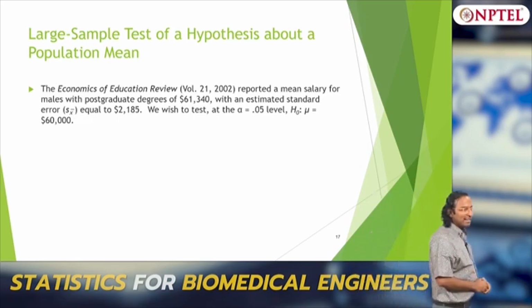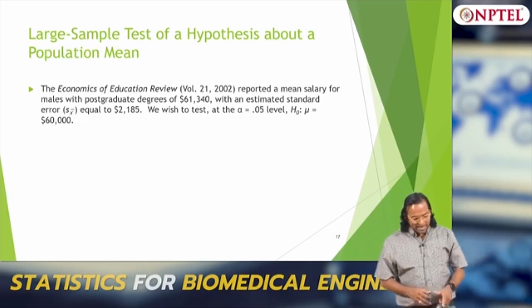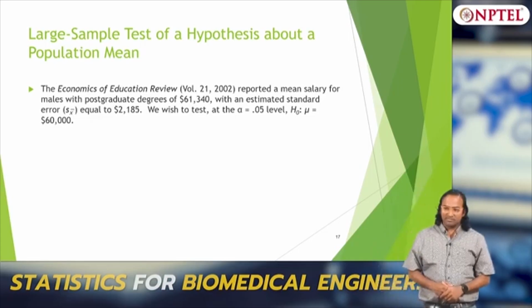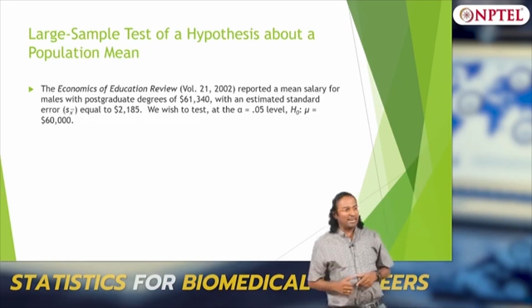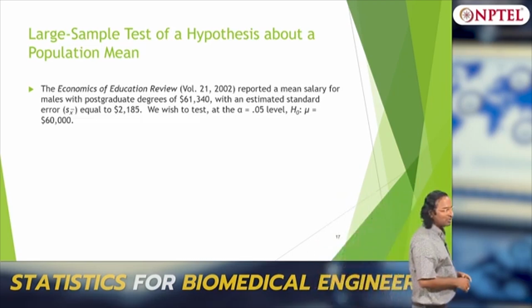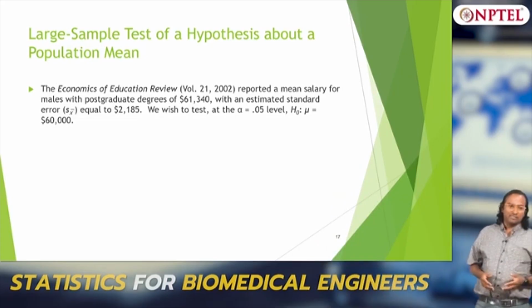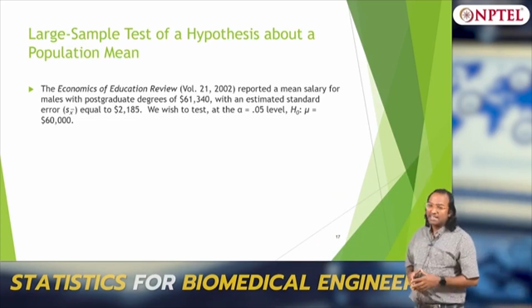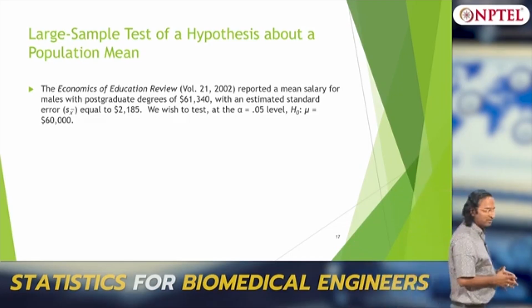What is standard error? It is nothing but sigma over root n. So I have directly given Sx bar here. That is the difference when I give you standard deviation versus a standard error. In this problem we have given you the standard error, that itself, standard error, means it is Sx bar, which is equal to sigma over root n.